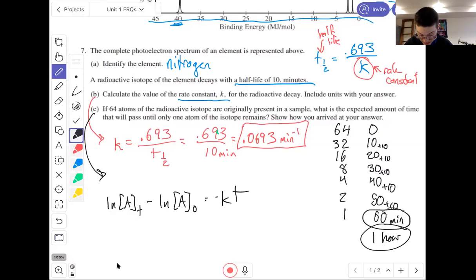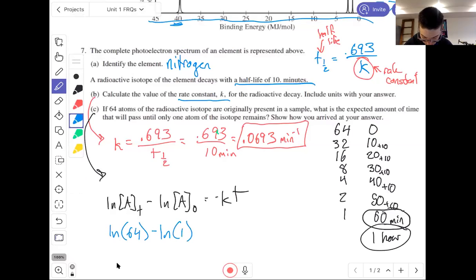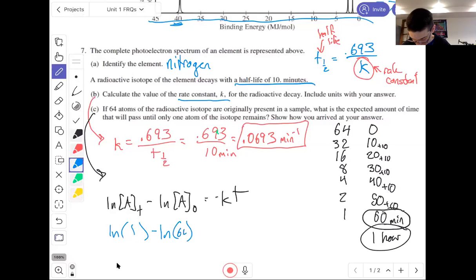So here, plugging in, it would be the natural log of 1, because they want to know how long it takes to get to 1, minus the natural log of 64, because that's where we start, equals negative 0.06693 times t.